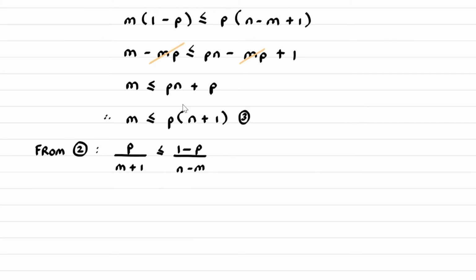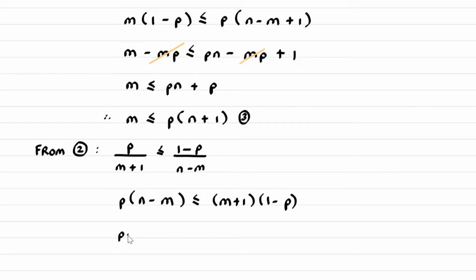Now from equation 2, we've got p over m plus 1 being less than or equal to 1 minus p over n minus m. And if I cross multiply, we have p multiplied by n minus m being less than or equal to m plus 1 times 1 minus p.